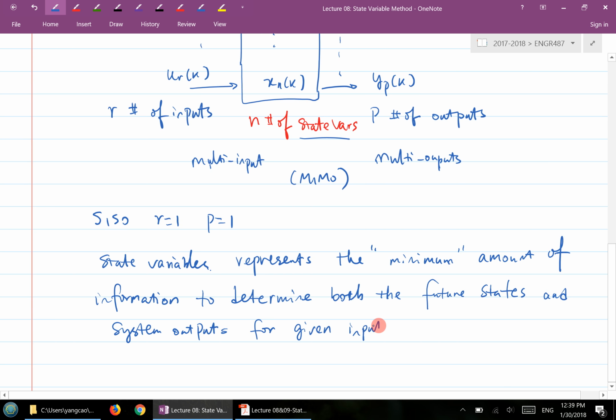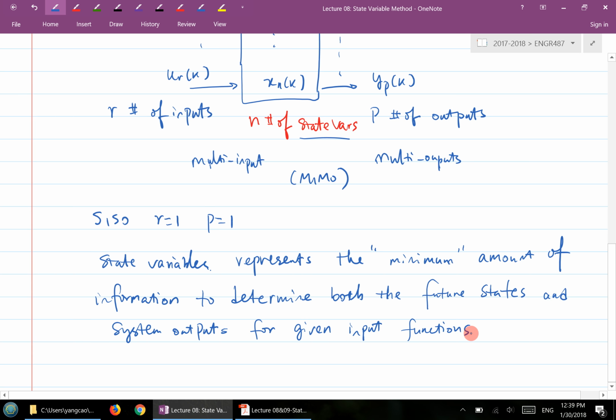I'm writing it down here because I think this is an important concept. We often talk about state variables and state space models, but what exactly does a state variable mean?